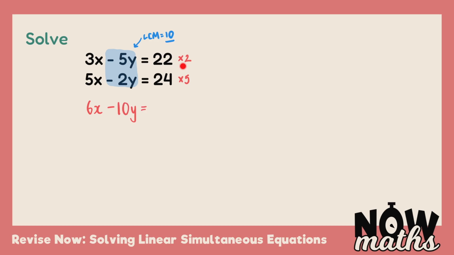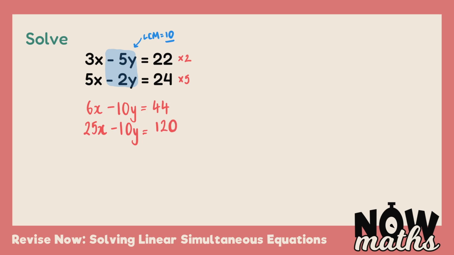And 22 multiplied by 2 is 44. Then for the second equation, we're multiplying by 5, so 5x multiplied by 5 is 25x. -2y multiplied by 5 is -10y. And 25 multiplied by 5 is 120.